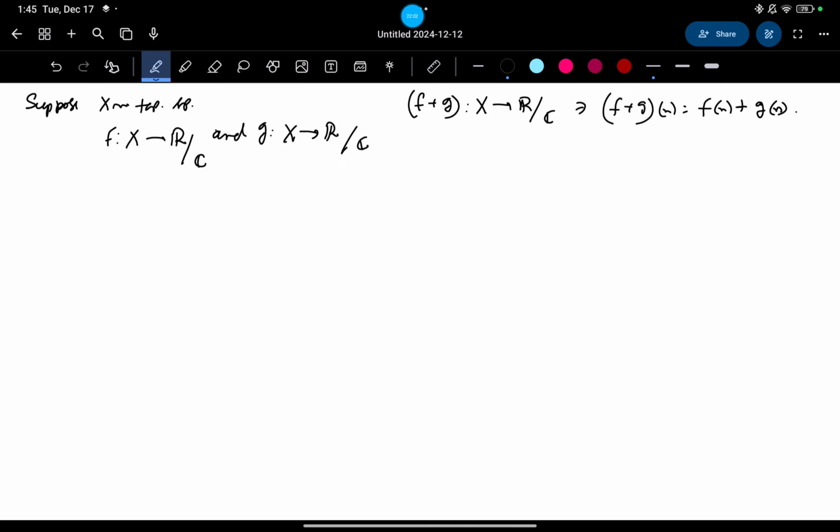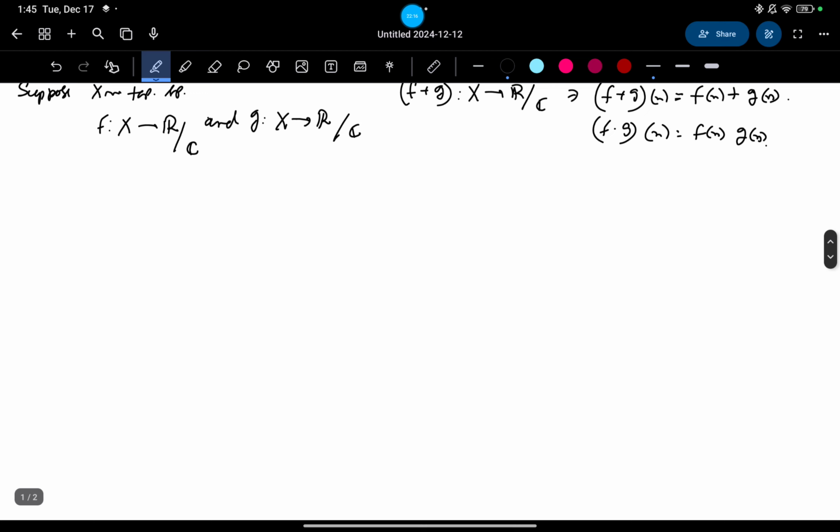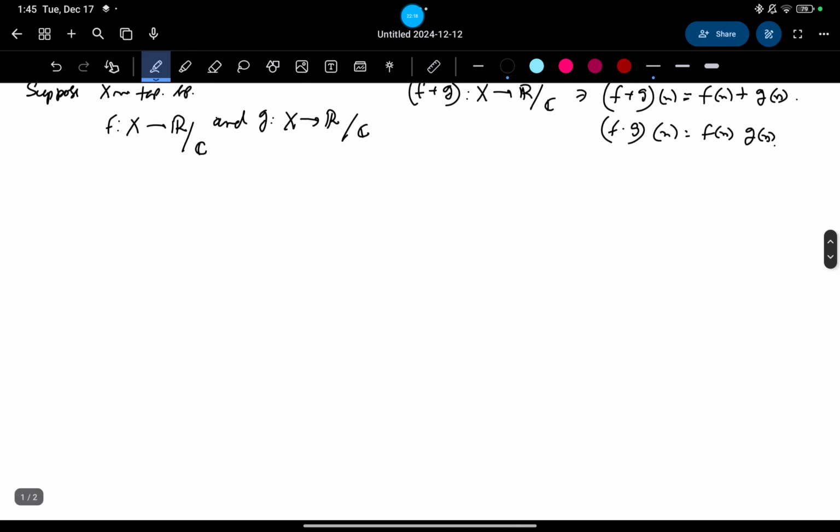Since f(x) and g(x) are both real or complex numbers, the addition is always possible. Similarly, you can define the multiplication of these two maps, (f·g)(x), which is nothing but f(x) times g(x).